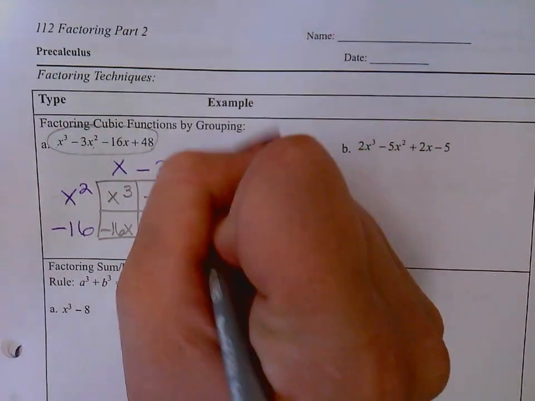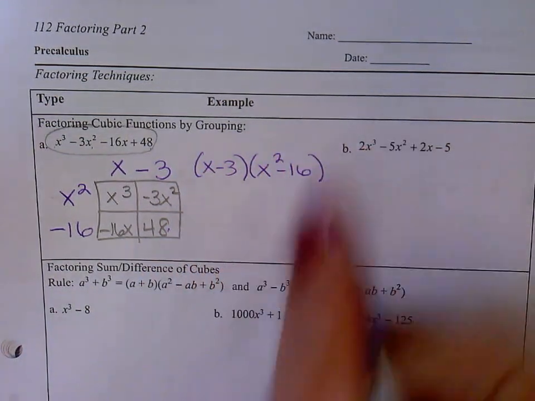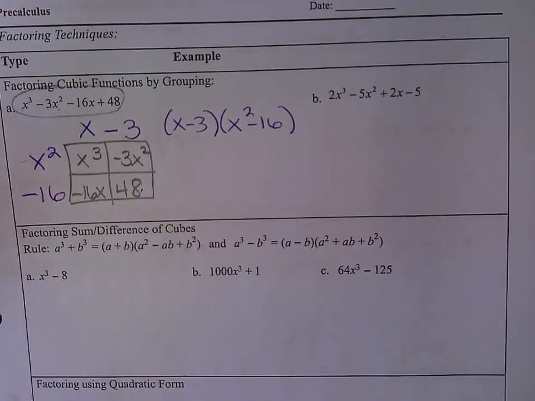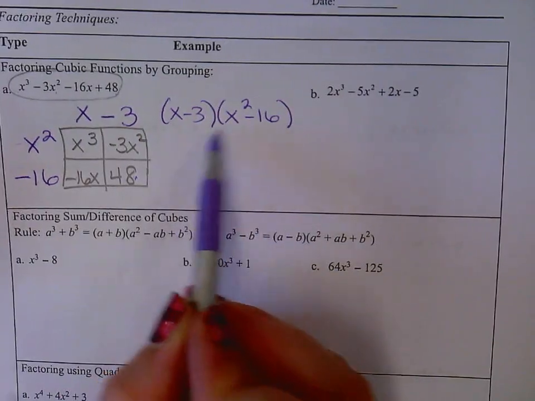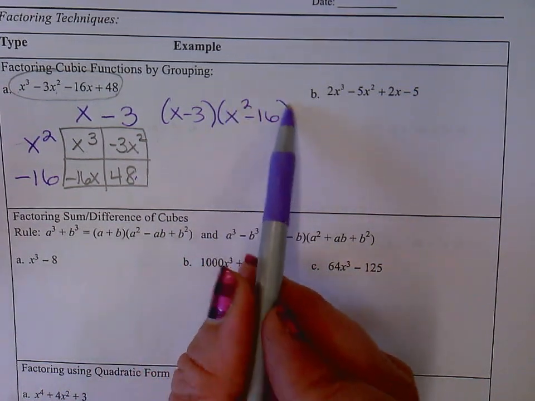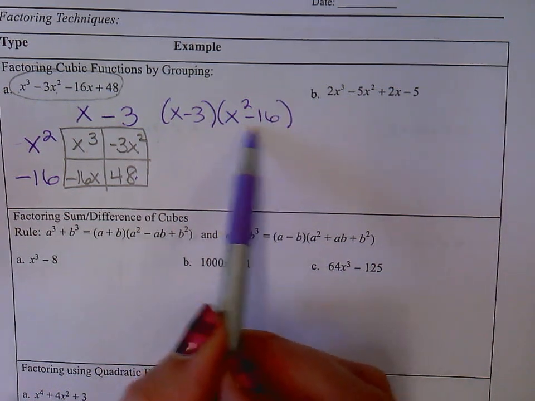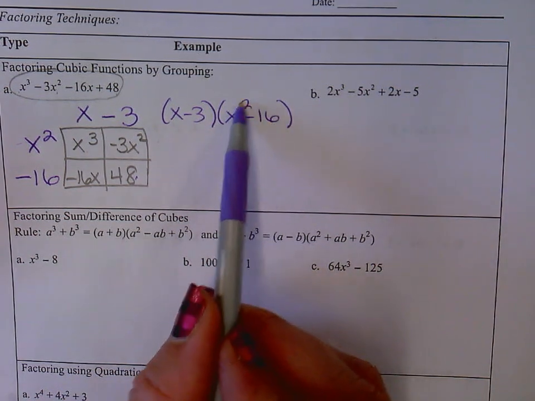I want to show you something that's a little bit different than boxed on the other page. Because this is a cubic function, one of these parentheses might be able to go a step further. See how this is a quadratic? Can that go a step further? That's a difference of squares right there.